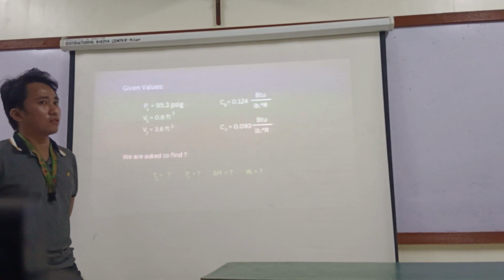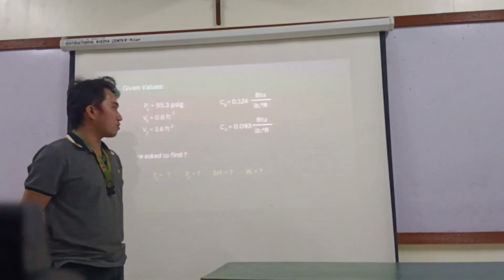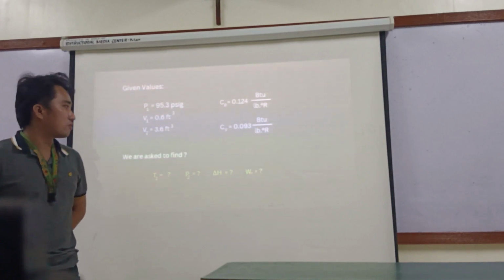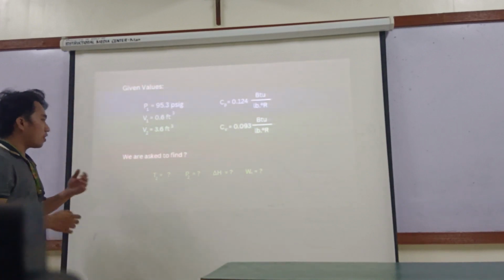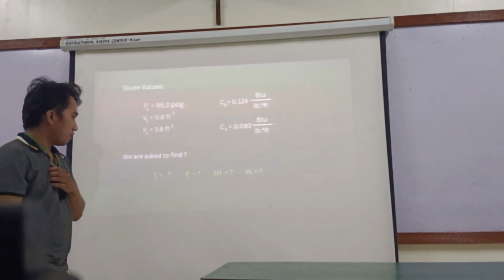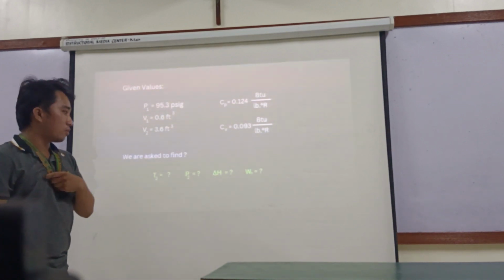The Cv, constant volume, is equal to 0.093 British thermal unit per pound degree Rankine. And here we are asked to find the final temperature, final pressure, change of enthalpy, and work done non-flow.